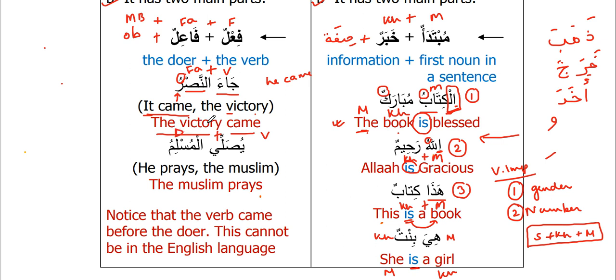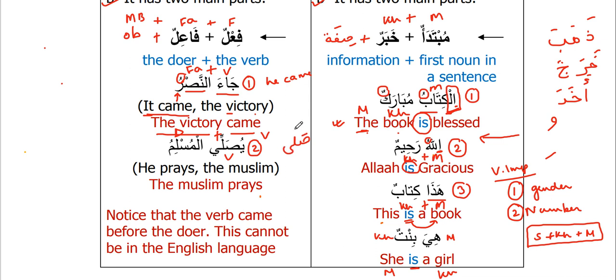Then you can have your translation in English. Now, this is example number one, and in example number two, we have yusalli al-Muslim. Yusalli here is the verb. This is the present tense coming from the past tense salla. Salla means to pray.